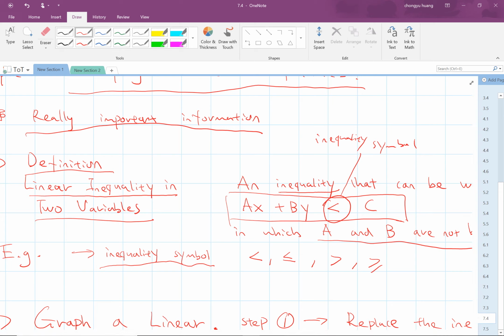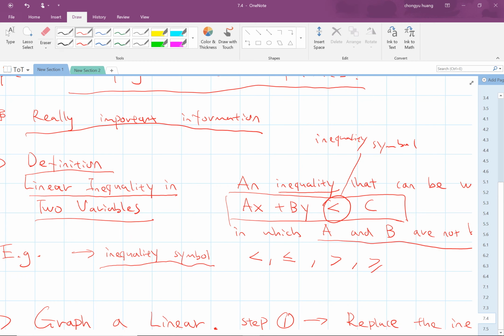Those are the four inequality symbols, and all of them can be applied to the inequality.